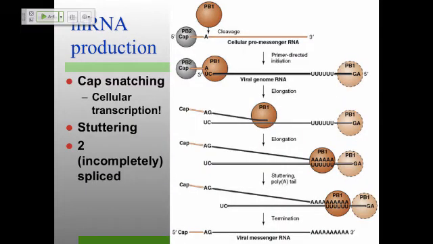As I mentioned already, it's all about cap snatching. So the PB1 and PB2 proteins will bind to the cap of normal messenger RNA present inside the nucleus, and cleave off that particular cap structure.